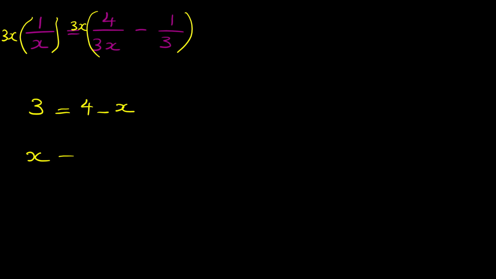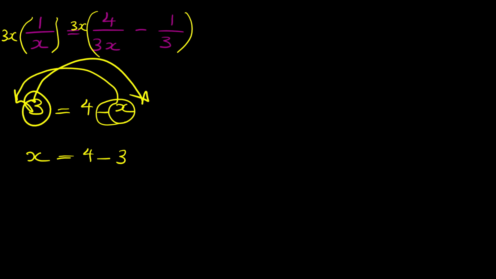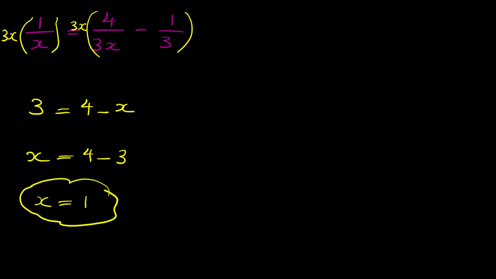Then we have x here. And we move 3 from left to right. In the right we have 4 minus 3. So what is x? 1. So this is the answer of this equation.